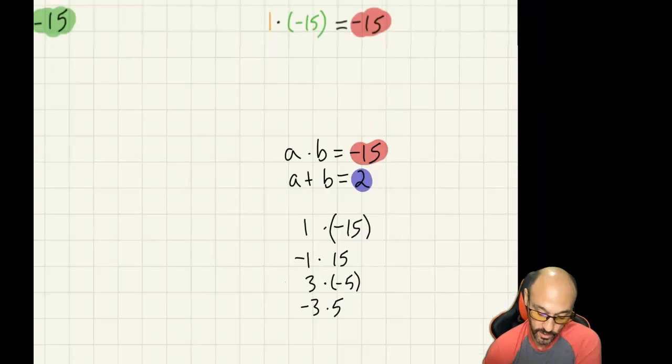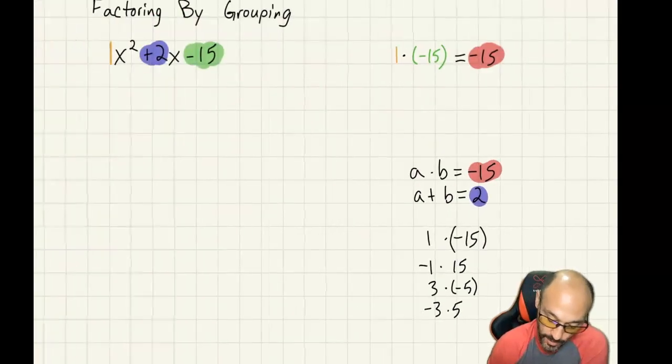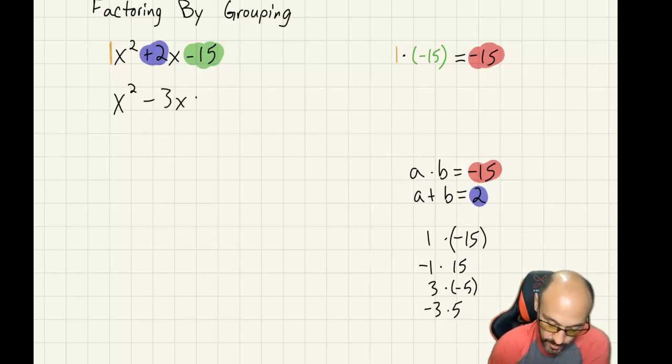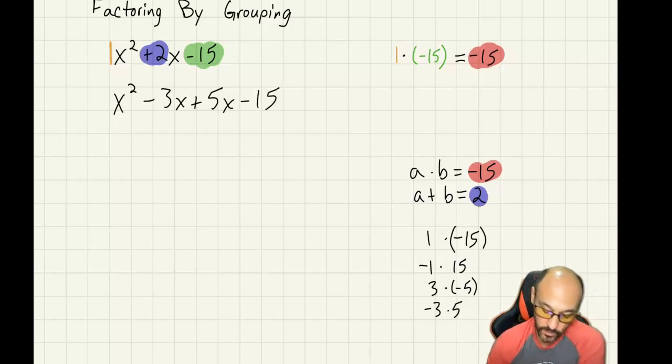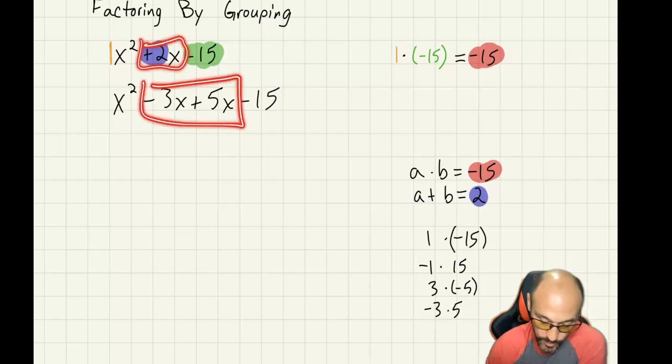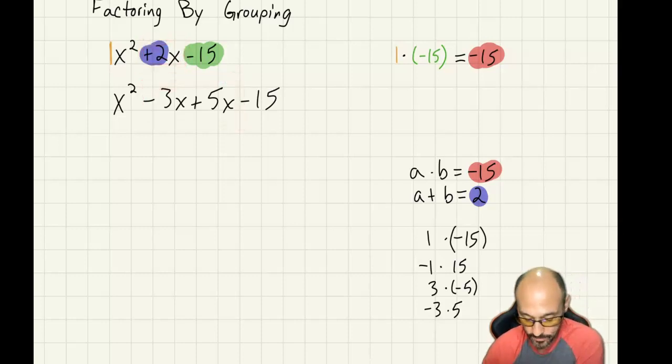So that works. So that tells me that I can break my 2x apart into a negative 3x plus 5x, minus 15. Notice that I just broke this 2x into two pieces that equal 2x, and I did it using this process right here.